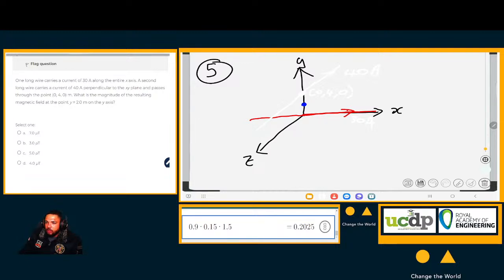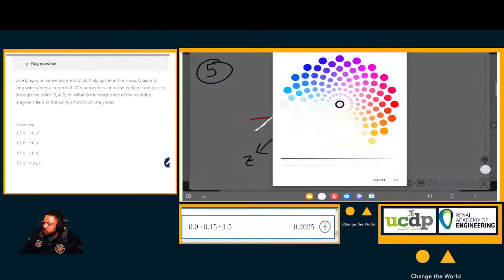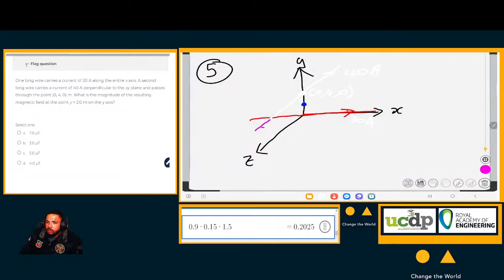Not much better. Let me change it again. Purple. Does purple work? Okay, there it goes. That current carrying conductor passes through the point (0, 4, 0), and that conductor carries a current of 40 amperes. My forgiveness, I didn't notice it doesn't work.